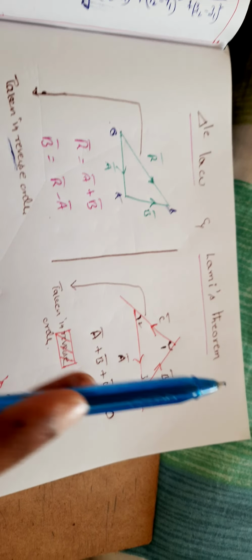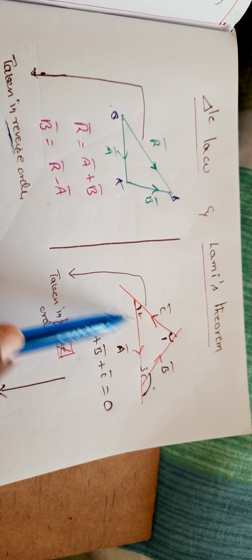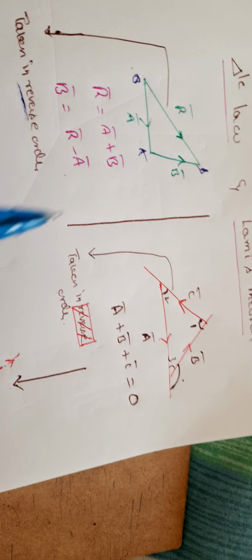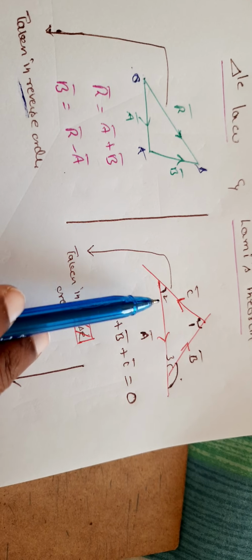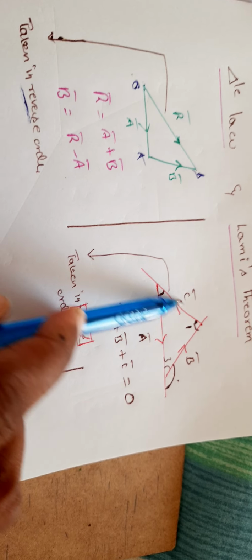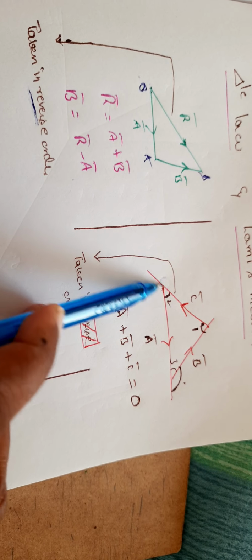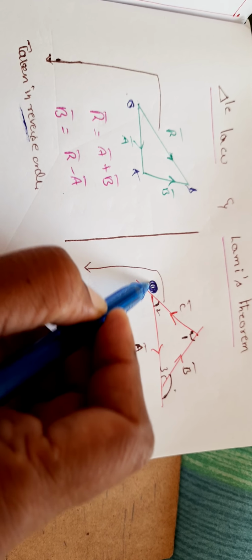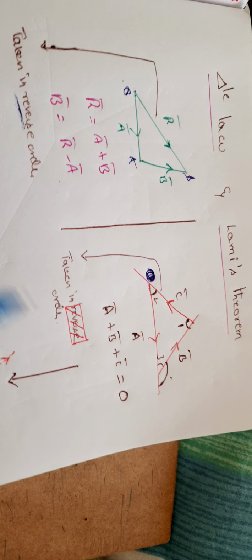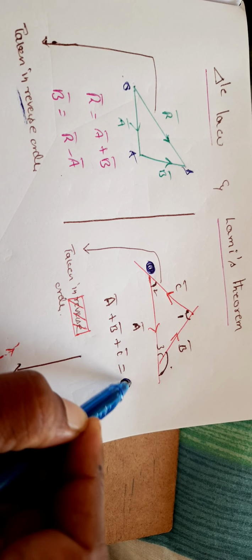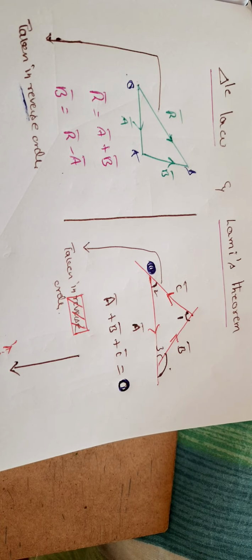Now here, Lamy's theorem helps us in solving the problems where the resultant is 0. Here the resultant is 0. See, starting from this point A, B and again reaching the same point. That means it is a null vector, bold 0. So A bar plus B bar plus C bar is equal to 0 bar, or what we call bold 0.